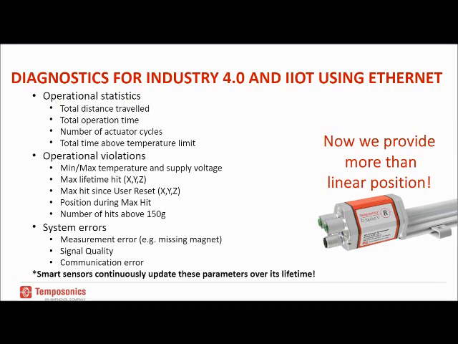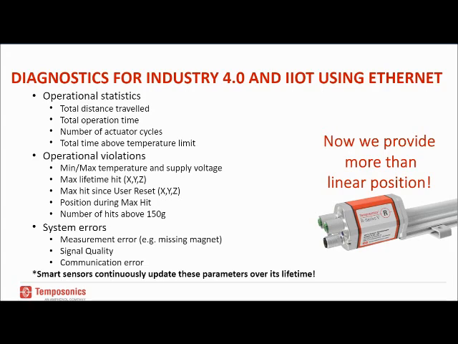So if you want to use our sensor, which uses a magnet to track position, and you want to know how far that magnet has traveled over time, or how long your sensor has been powered up, operating time, or just how many cycles the magnet has seen during its usage, this type of information could be valuable, maybe for a cylinder manufacturer or similar.